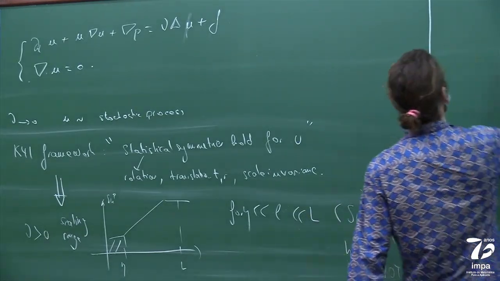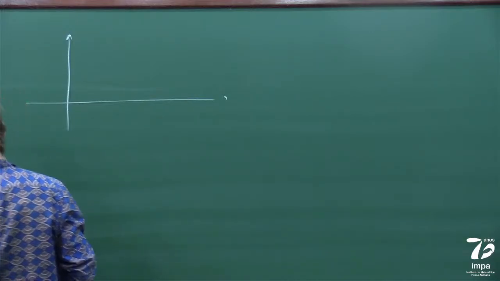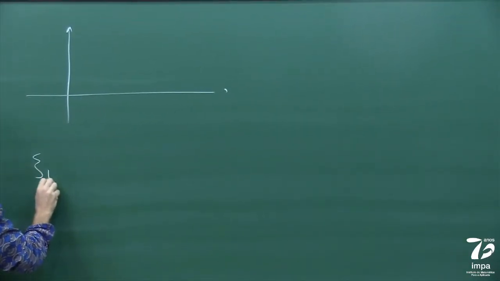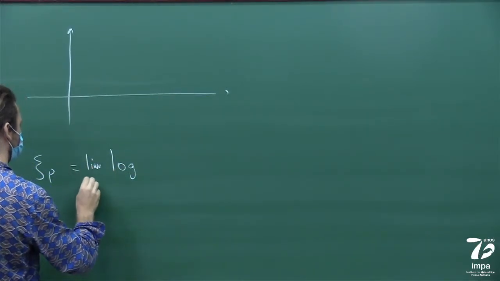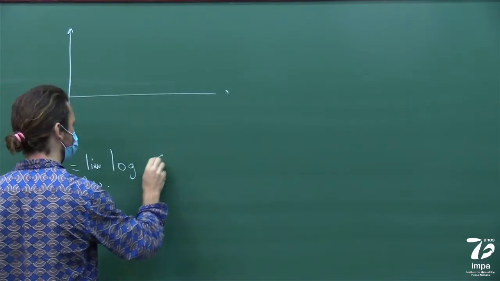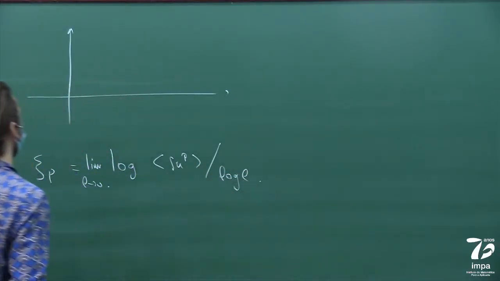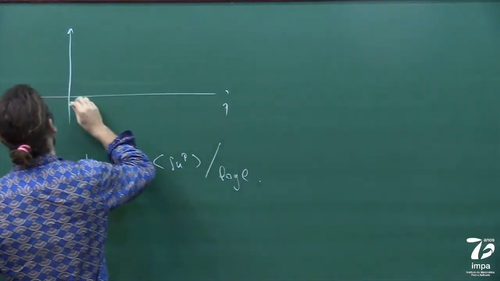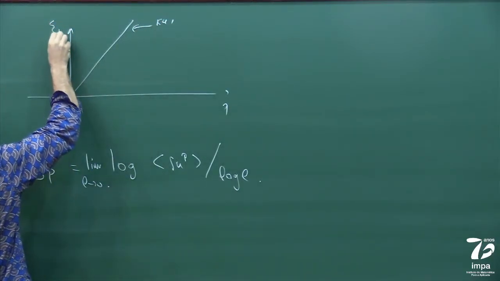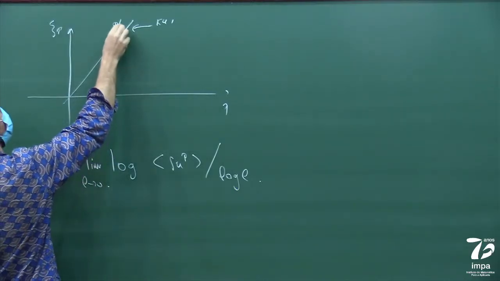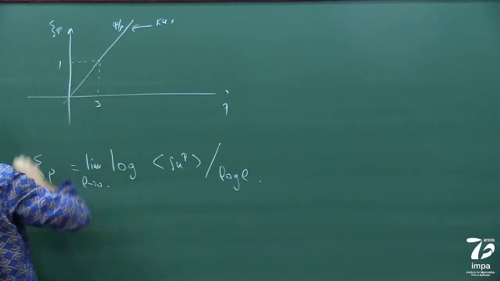That instead, if we were to plot what we define as the scaling exponent, which is the limit, as L goes to 0, of the logarithm of this divided by log of L, then this would be K41, p over 3, so that p equals 3 would give 1.